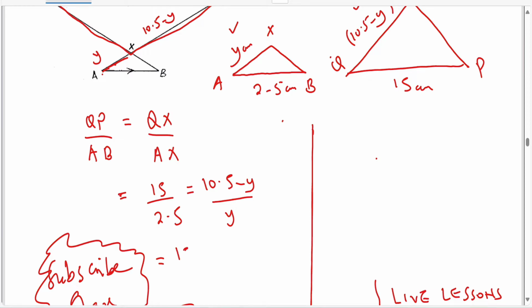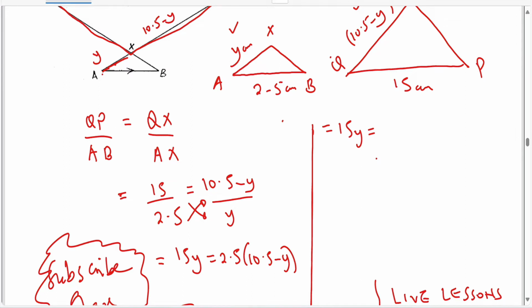So 15 times Y is 15Y, and 2.5 times 10.5 minus Y. If you open it up, it's 15Y equal to 2.5 times 10.5. You can take a calculator just to make sure.